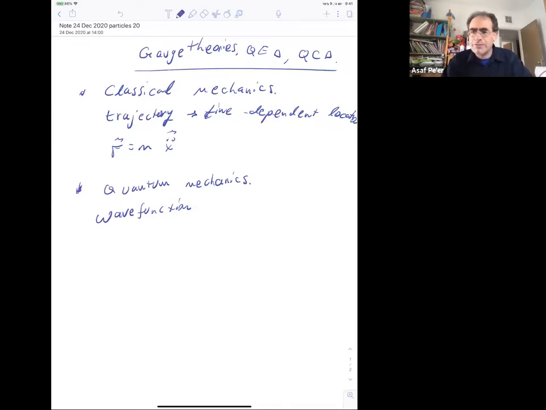Here it can also involve the spin. This could be Maxwell's equation, or the Dirac equation. Of course, in classical non-relativistic quantum mechanics, this would be Schrödinger's equation. The wave function obeys the differential equation.